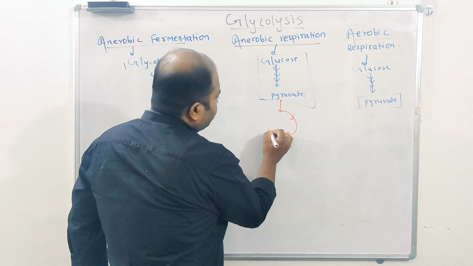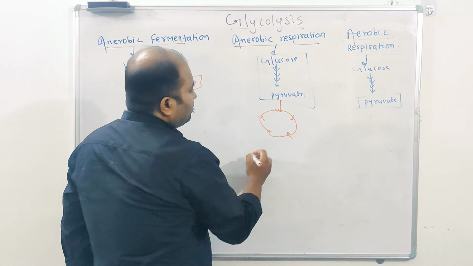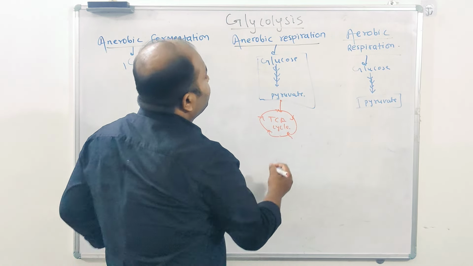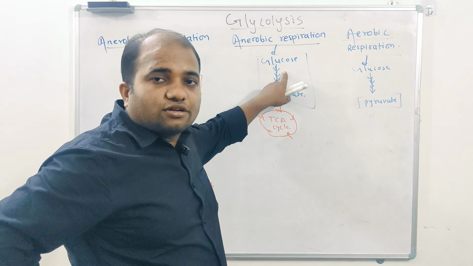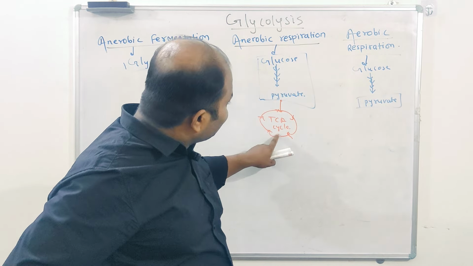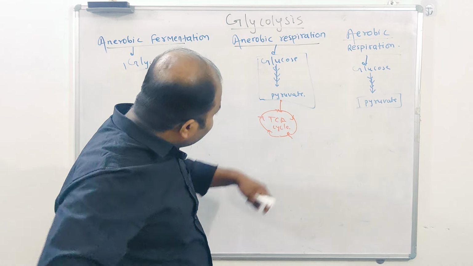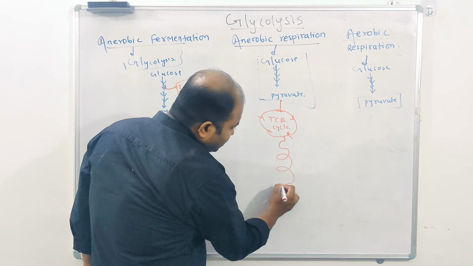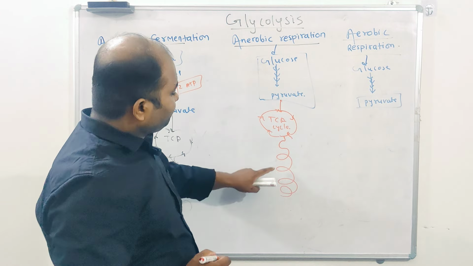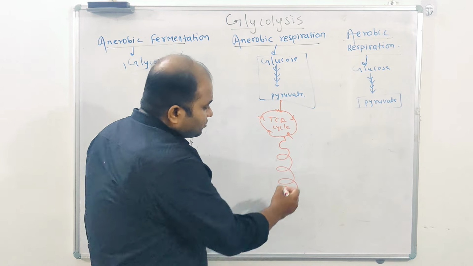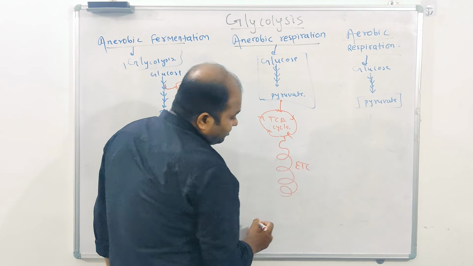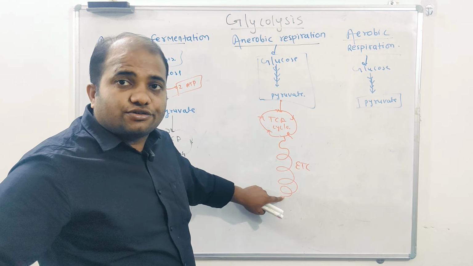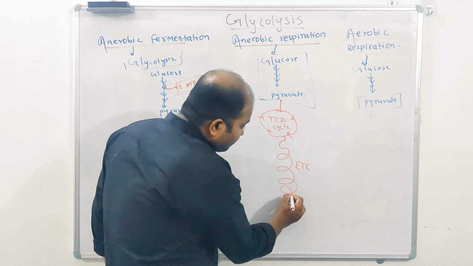The electrons released from the glycolysis pathway and the electrons released from the TCA cycle will all be passed through the electron transport chain, right? And when the electrons are passed through this chain, energy is produced. That means ATP is produced.